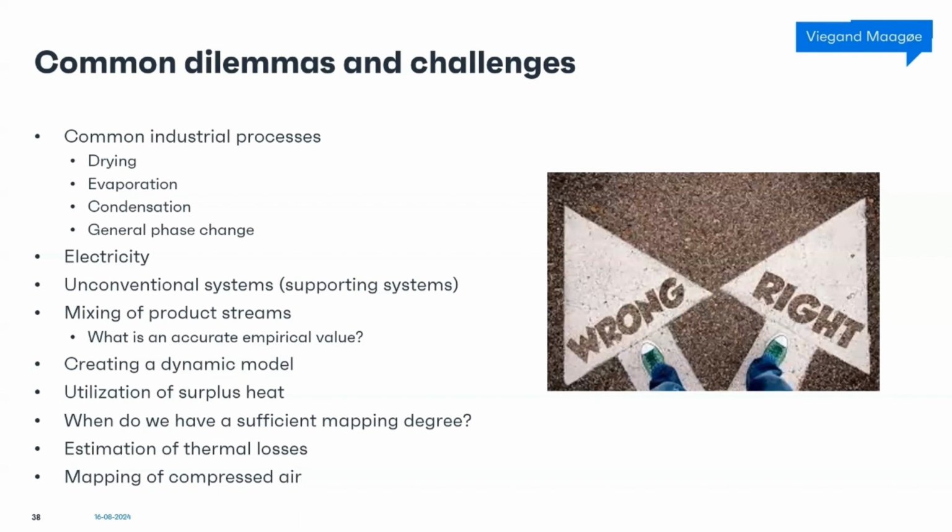Then, of course, we have the issue of mixing streams. How do we find the CP value of mixing streams? You could have an average weighted CP for the streams, or maybe you could find a CP value for the mixed product as an alternative.